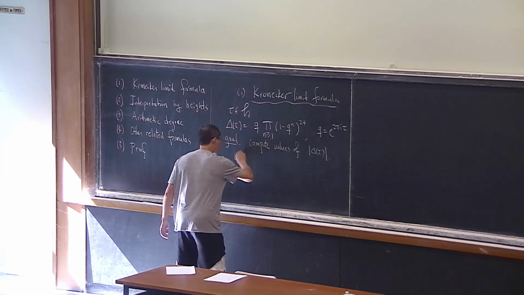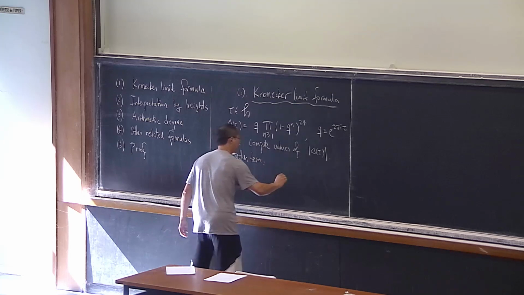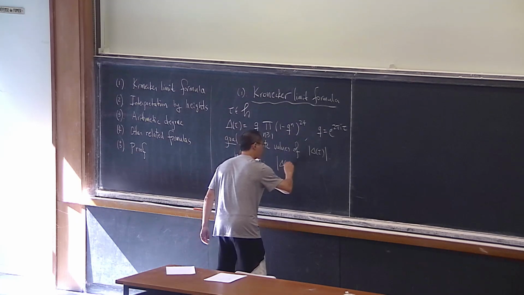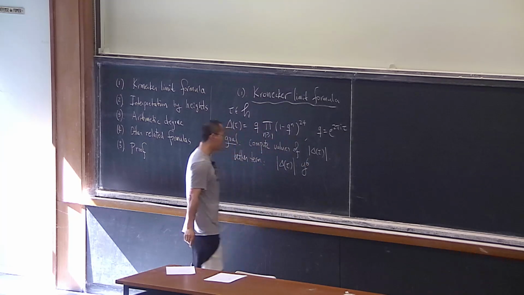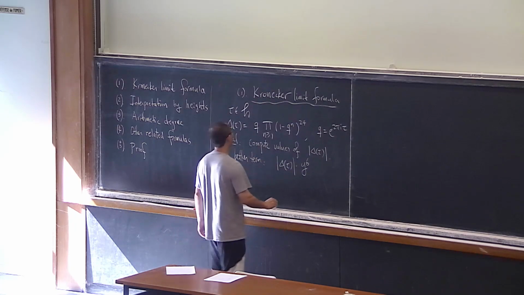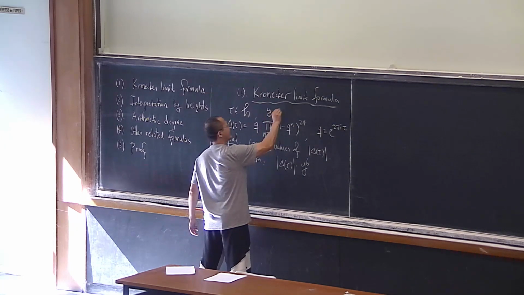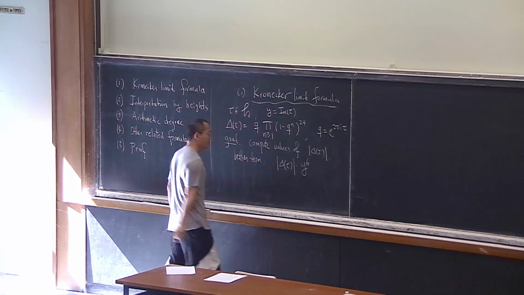But we can put a factor there to make it invariant. So the better term is delta tau times y to the 6, where y is the imaginary part of tau.